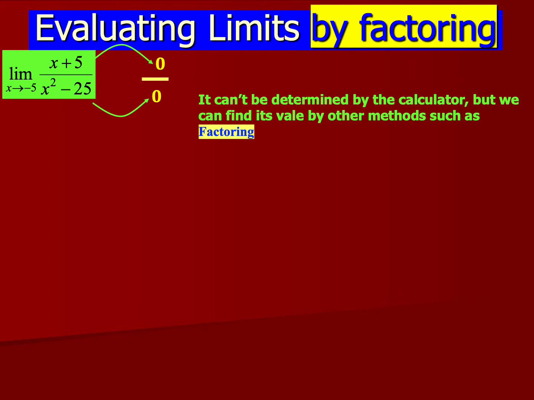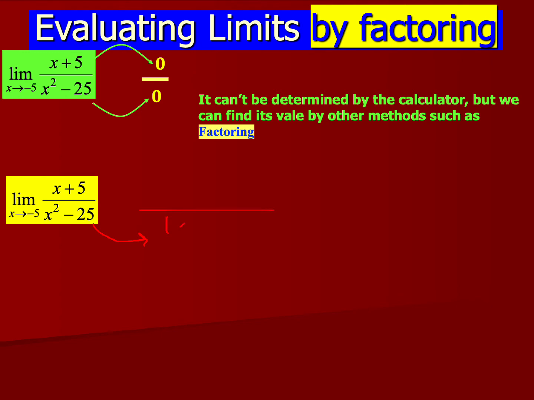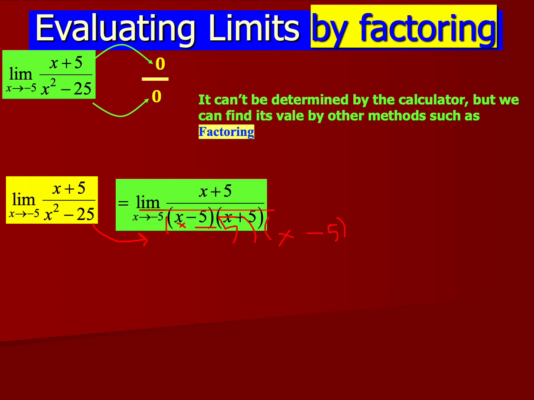One of the ways is to do factoring for either the numerator or the denominator, but here the factoring will be done for the denominator. As everybody knows, this can be factored by x minus 5 and x plus 5, the difference between two cubes. So we need to factor the polynomial by one of the factoring techniques.